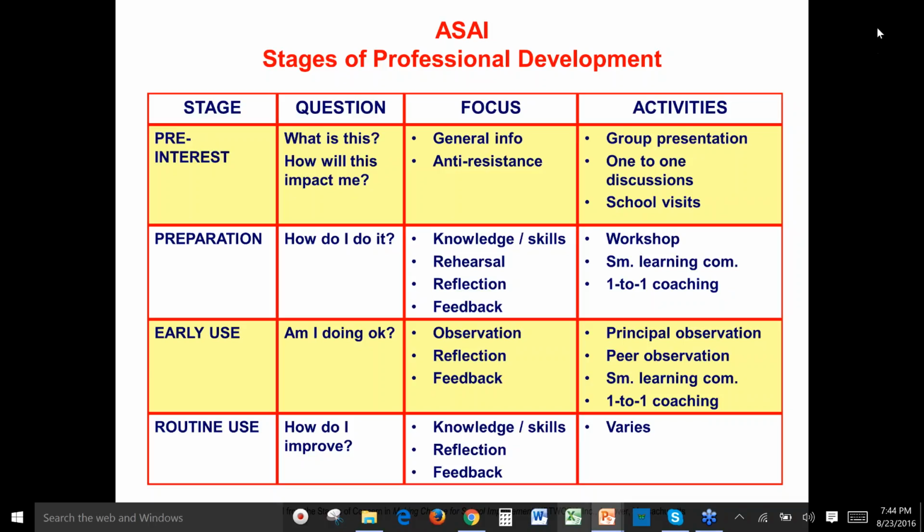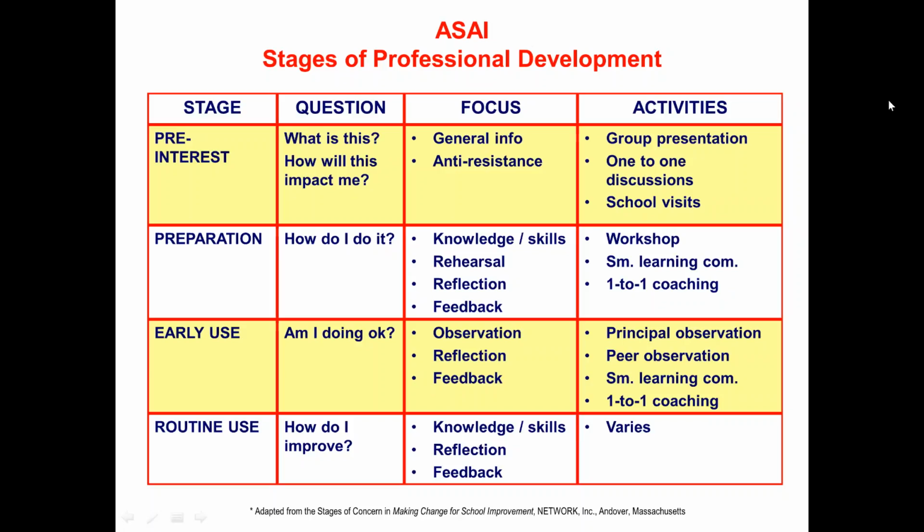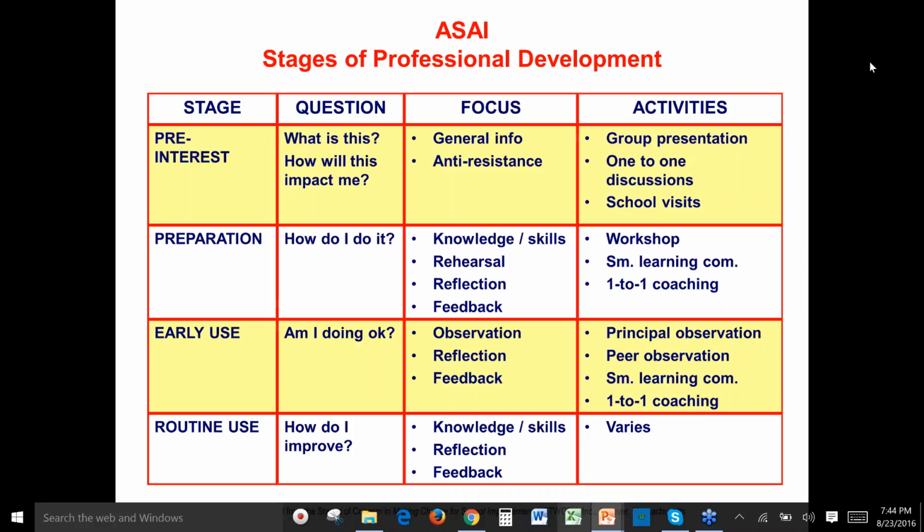So some things that you could do are one-to-one coaching, which works great there. You could do workshops, you could do small learning communities. So we're giving people a chance to learn how to do it and then to practice doing it before they're doing it for real.